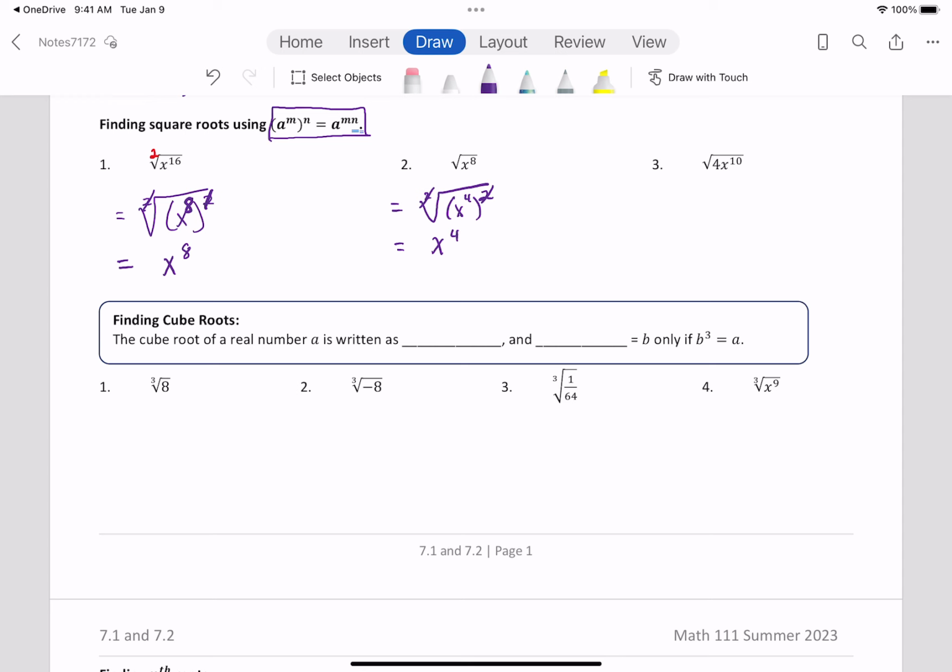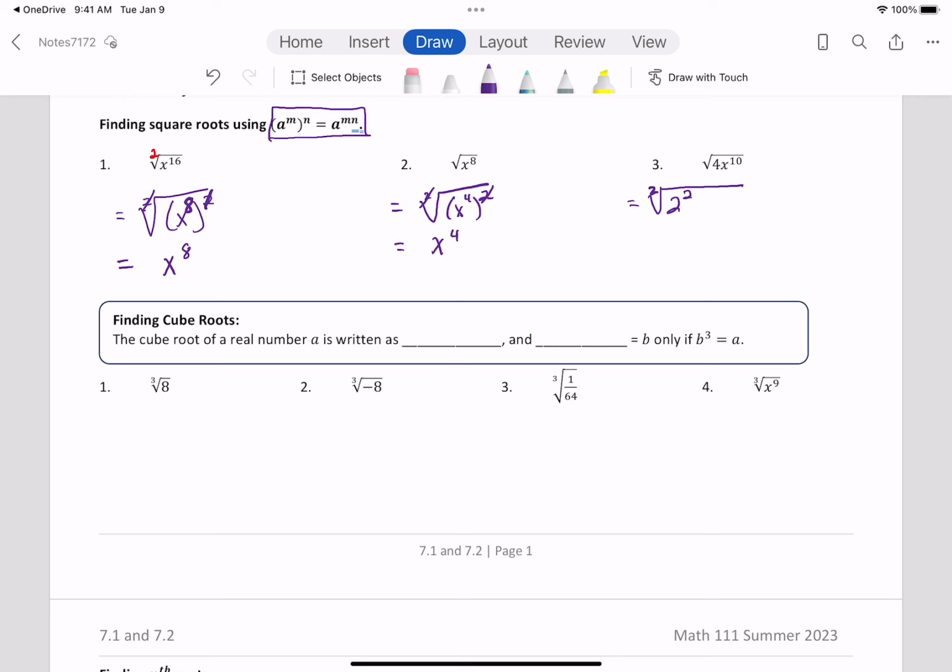Alright, and of course for the last problem, we saved the best for last, right? So for this one, we have a number and we have a variable expression. We need both of them to be to a power of 2 so that we can cancel the 2's. So 4 is a perfect square. I can write that as 2 squared.